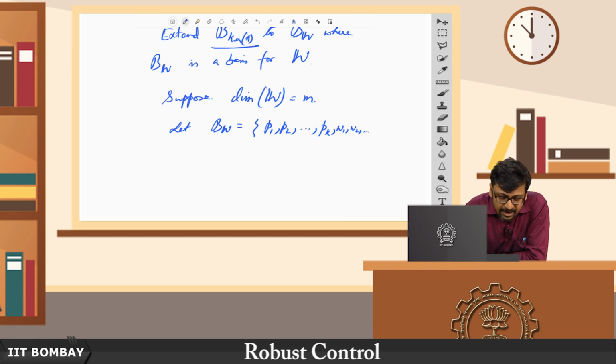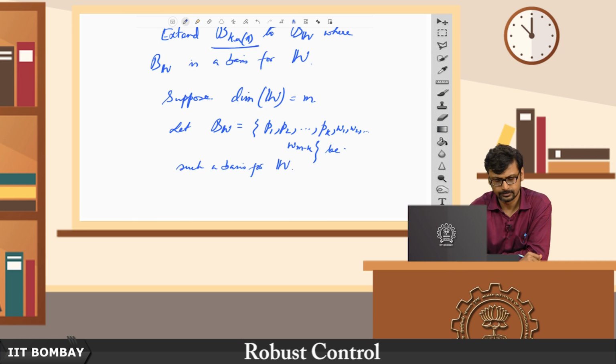In all you must have M elements, so you go on till M minus K, right, count. There are exactly M elements in this set and this is a basis, such a basis for W. Alright, fair enough, we are all clear up until this point, I hope.